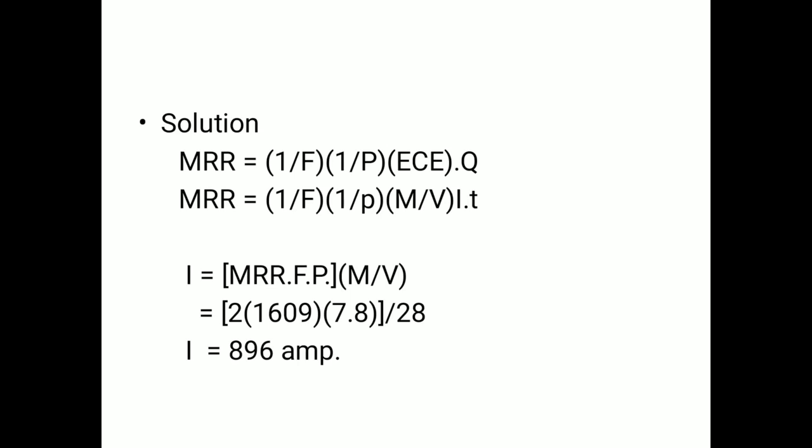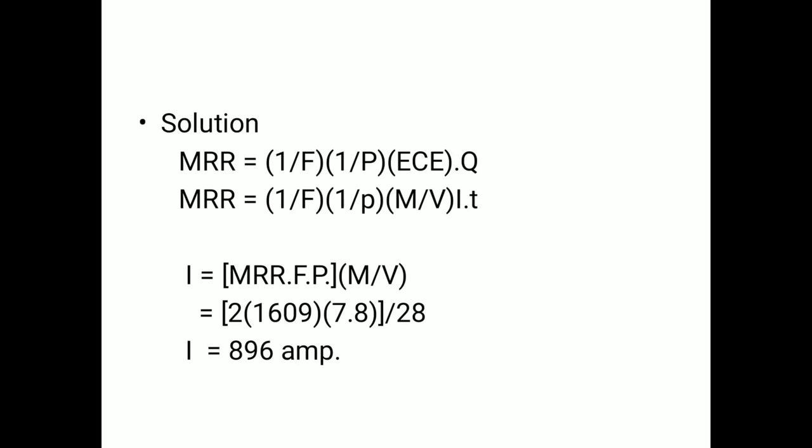So solution for the problem. We know that material removal rate, MRR, equal to reciprocal of Faraday's constant into reciprocal of density into grams equivalent weight of material into Q. We can write MRR equal to reciprocal of Faraday's constant into reciprocal of density into M by V into current per unit time.